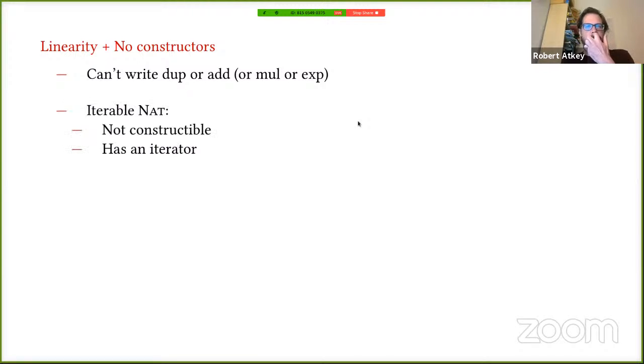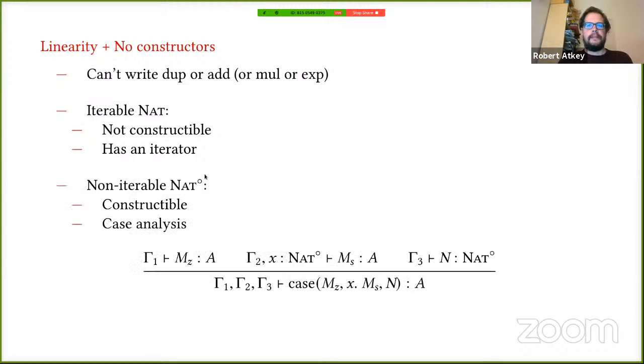So what we're going to do is separate the natural number types into an iterable nat, which is not constructible, but we can iterate upon it. And then we're going to have a non-iterable nat with an empty circle. So these are hollow natural numbers. We can build them, and we can do case analysis on them.